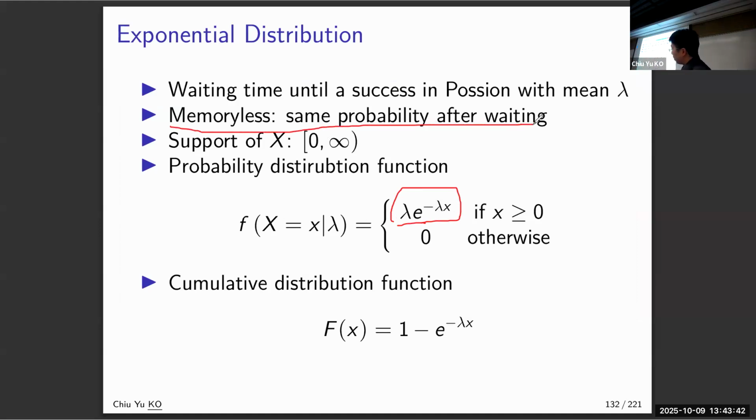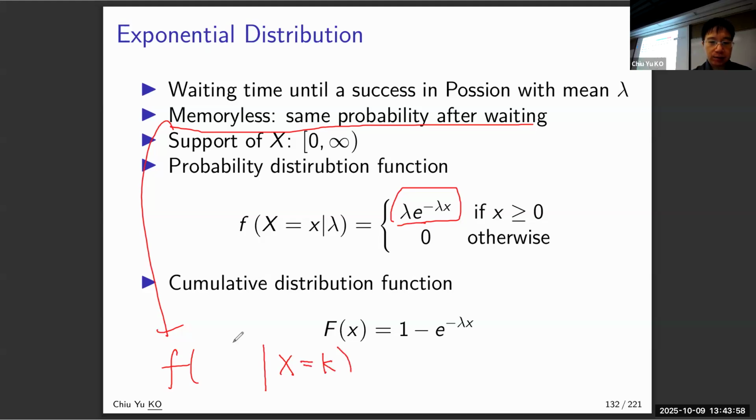In the sense that, if you recall, this actually means the following: P(X > k + t | X > k) is equal to P(X > t).